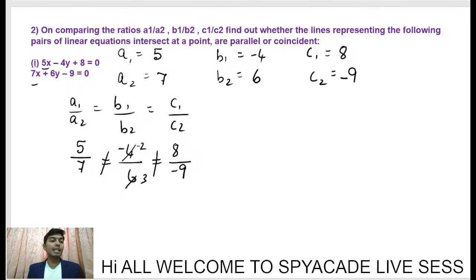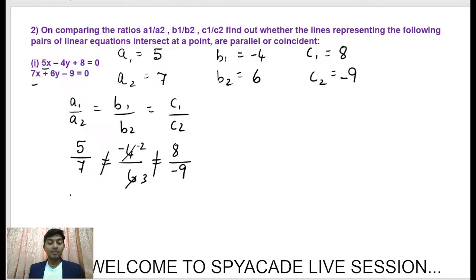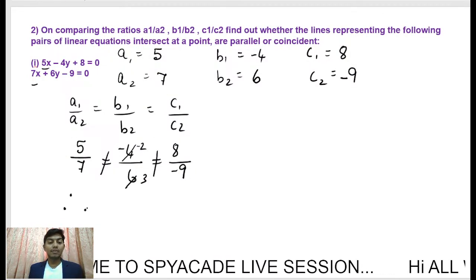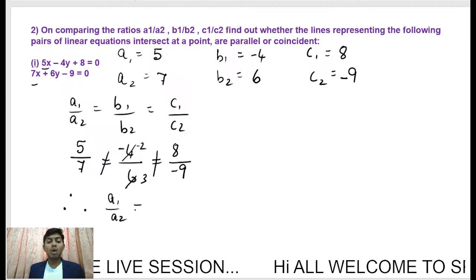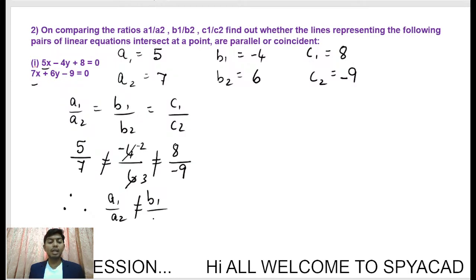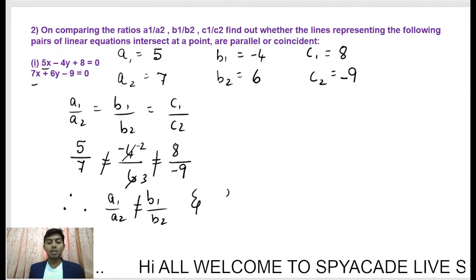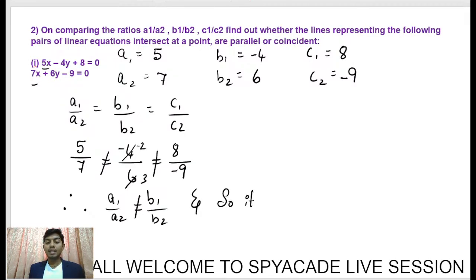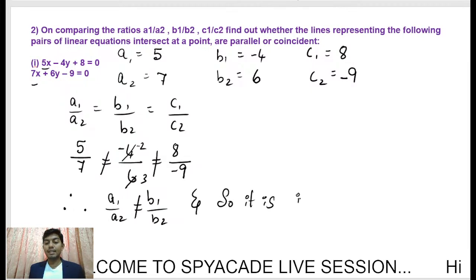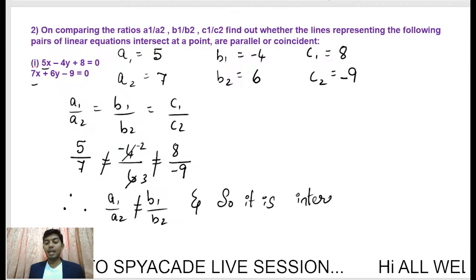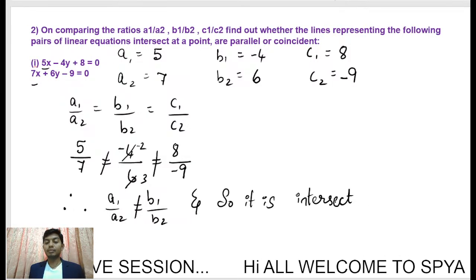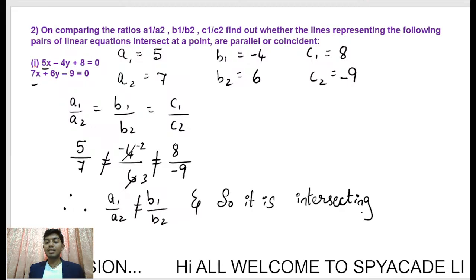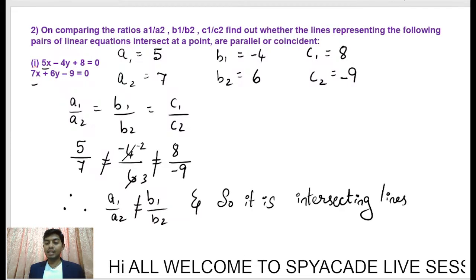So you have to give the conclusion. Therefore, A1 by A2 is not equal to B1 by B2, and so it is intersecting lines.